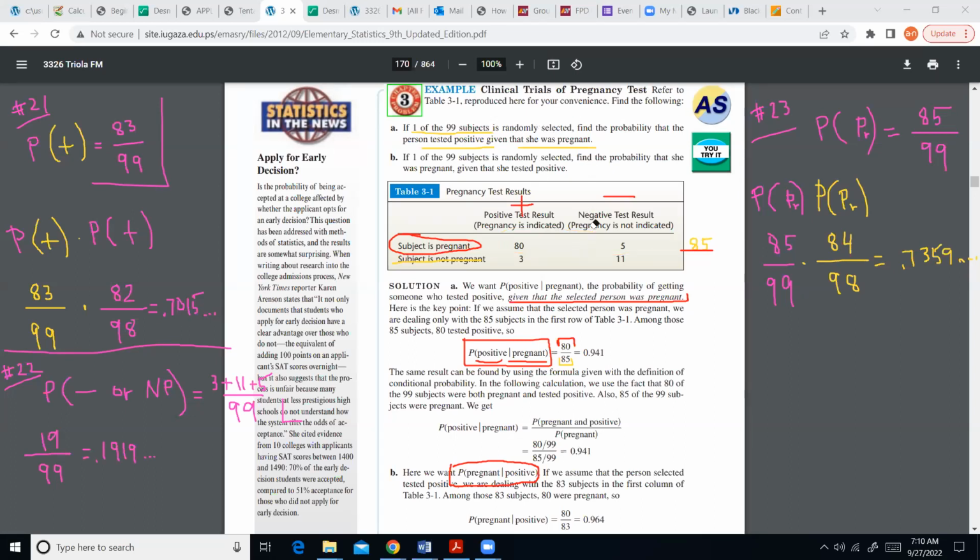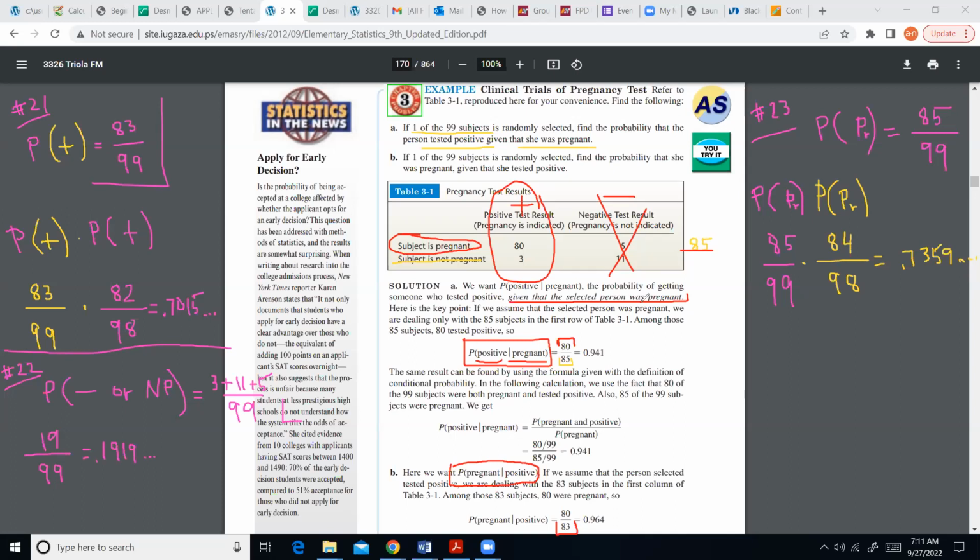Now they give you different number. They give you positive test results. And that's the reason why you can see denominator is changed. It's 83. Because we no longer care for the negatives. So the whole problem totally different.